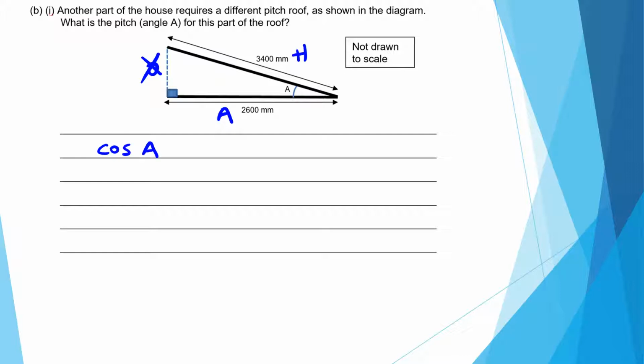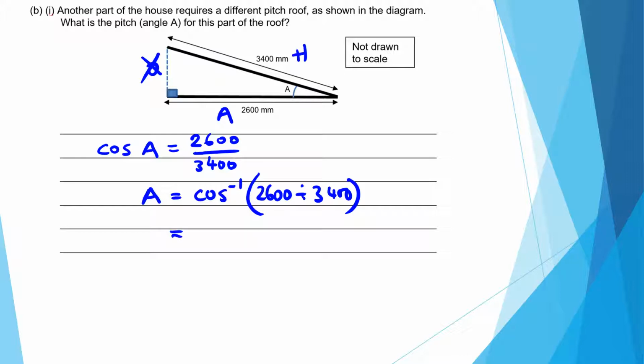Cos of the angle is going to equal the adjacent side over the hypotenuse, and so the angle will equal the inverse cos of 2,600 divided by 3,400, which we can tap into our calculator and get an answer of 40.12 degrees to 2 dp. And there we are. It's an achieved level response.